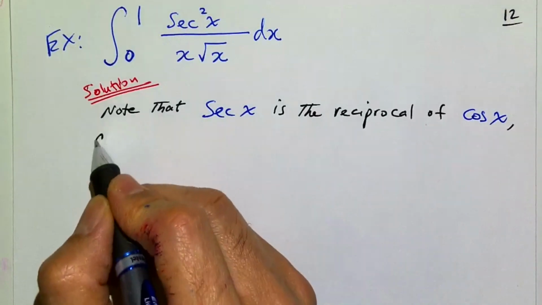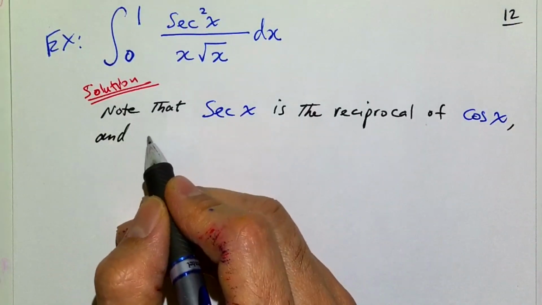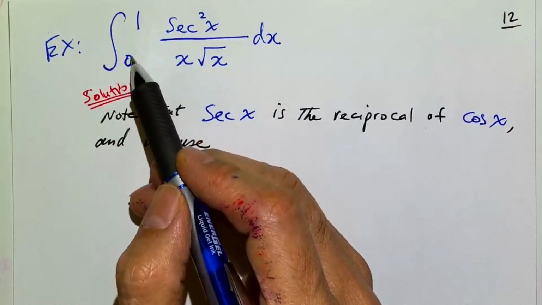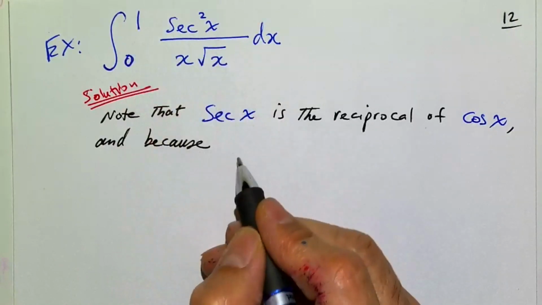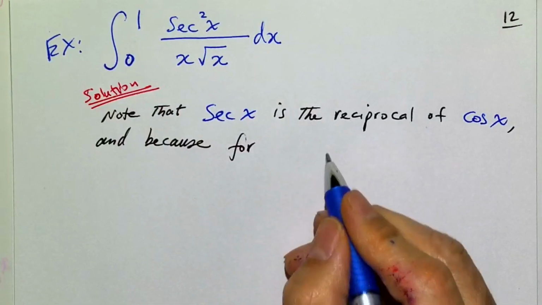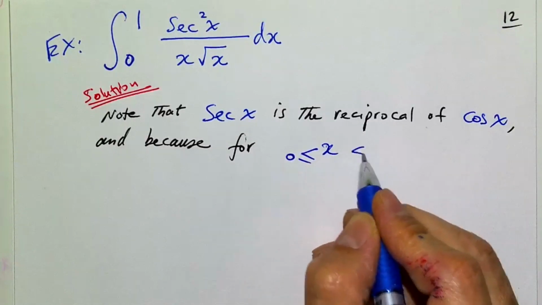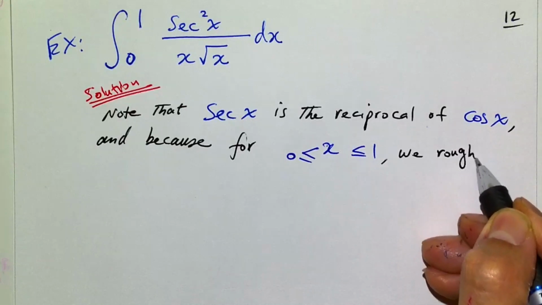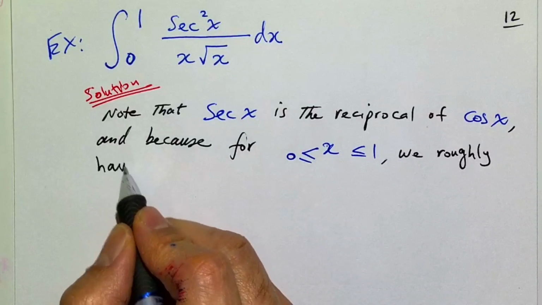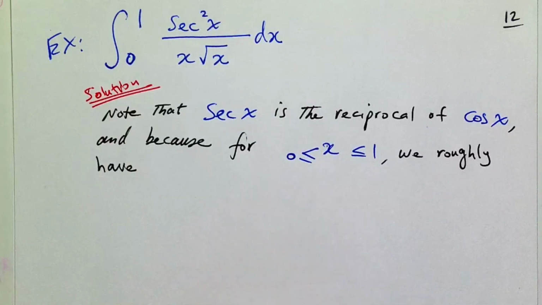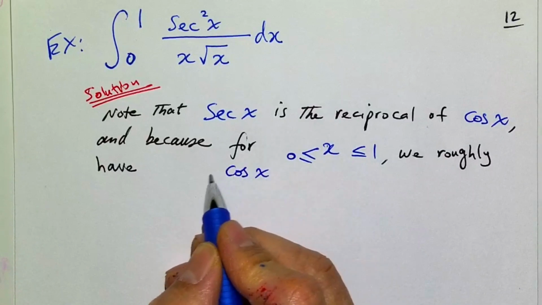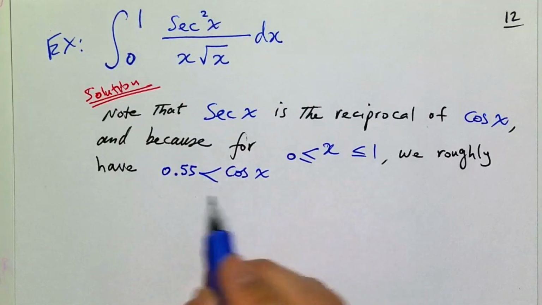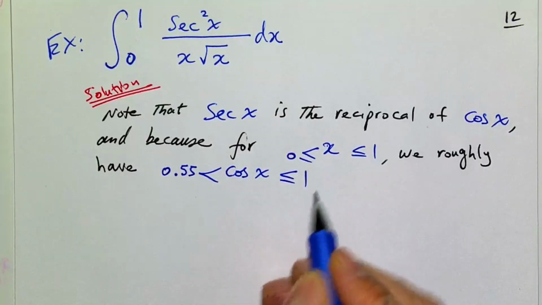and because for this interval of integration, for x between 0 and 1, we roughly or approximately have this: cosine of x varies between roughly 0.55 and 1.